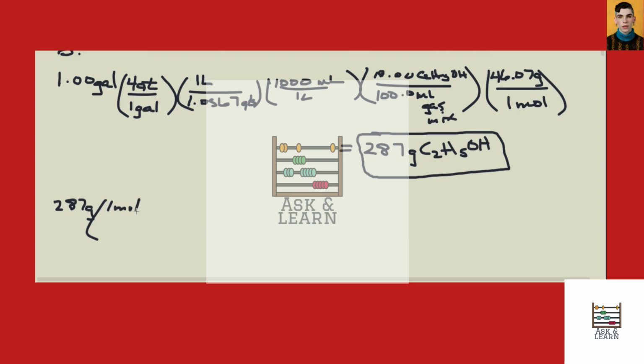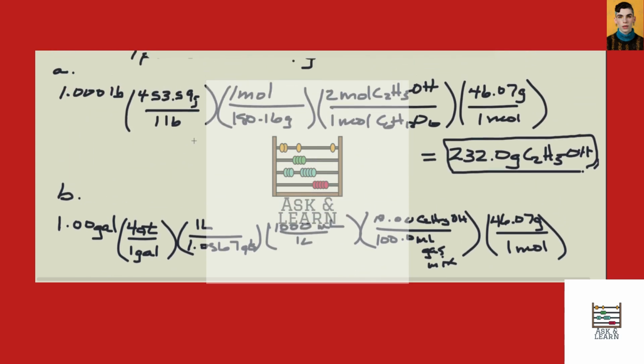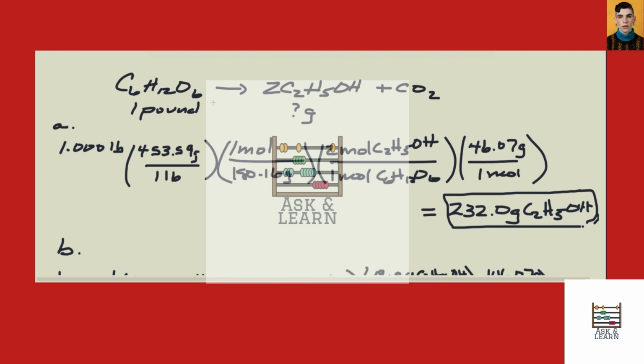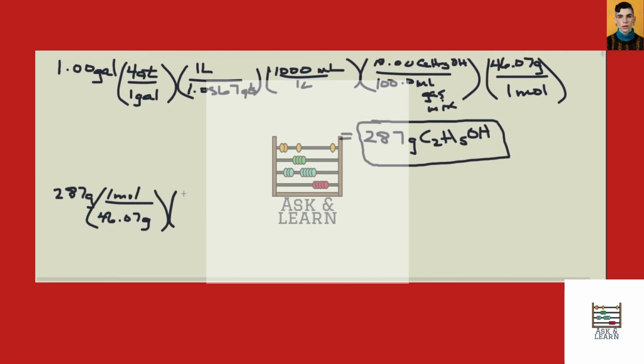So we'll go back to moles of ethanol. And then we will use the facts from our balanced chemical equation that we use 1 mole of glucose to make 2 moles of ethanol.